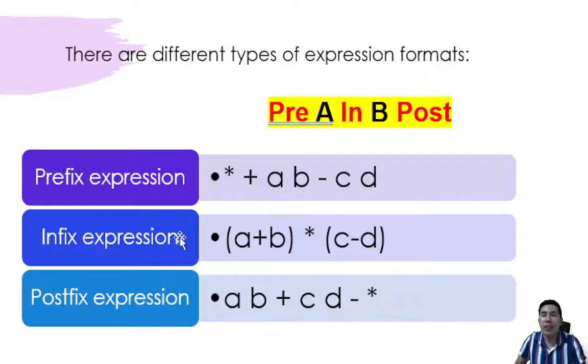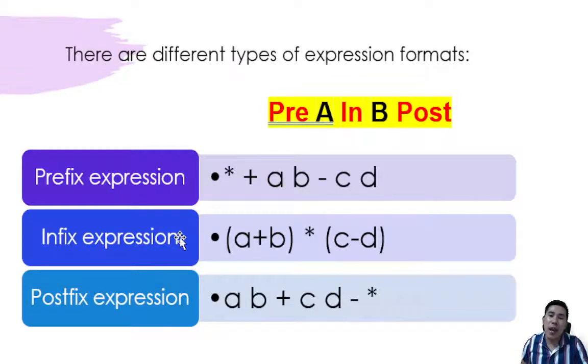Now, in the infix expression, if you are writing an arithmetic expression, we normally use this one, and this is the notation that is used mostly in modern mathematics. So in the infix expression, the operators go in between the operands. Now in postfix expression, we place the operators after the operands.